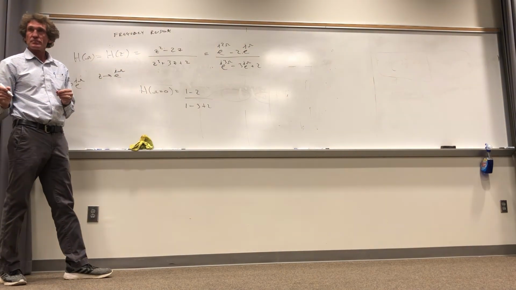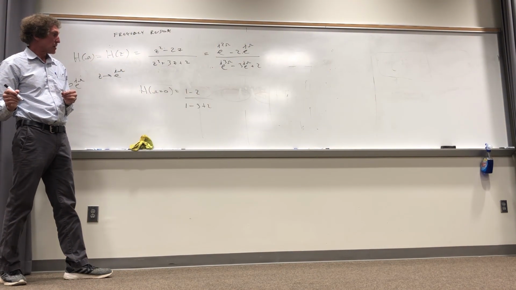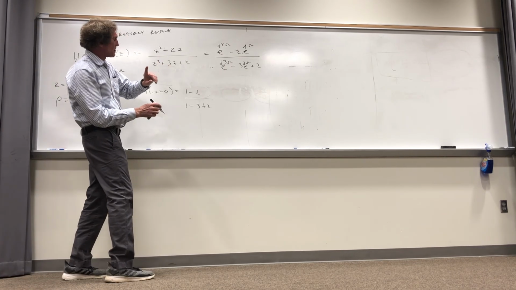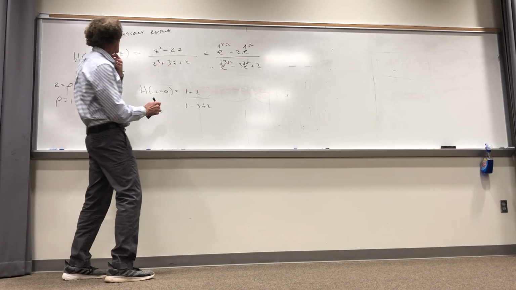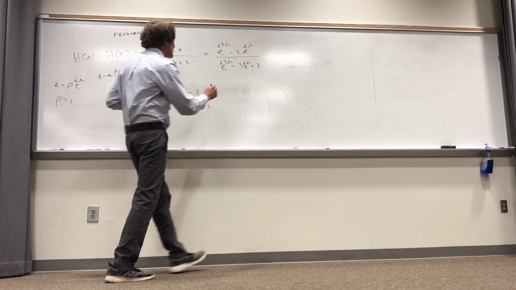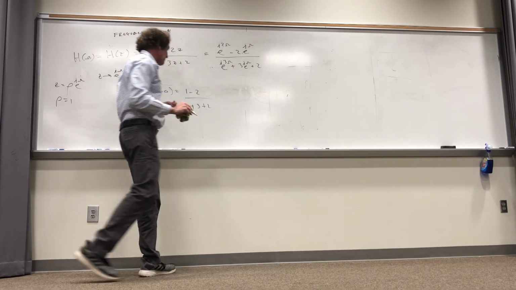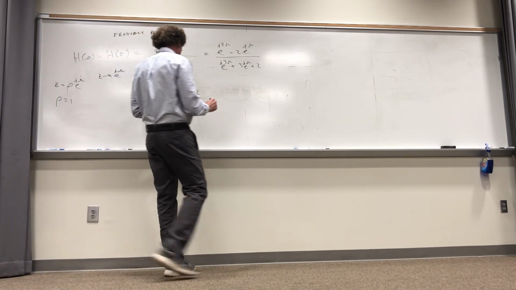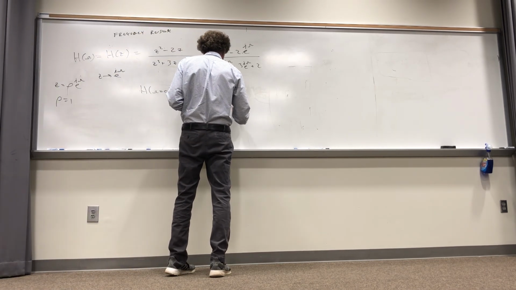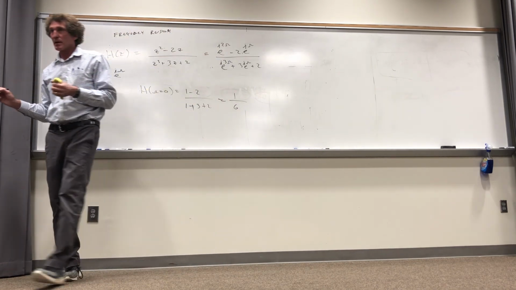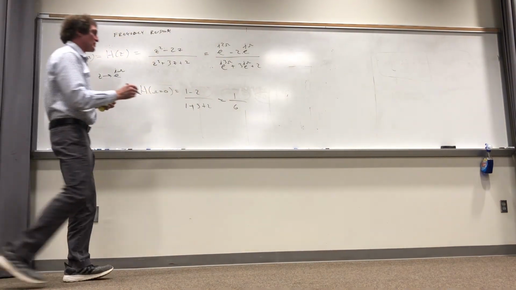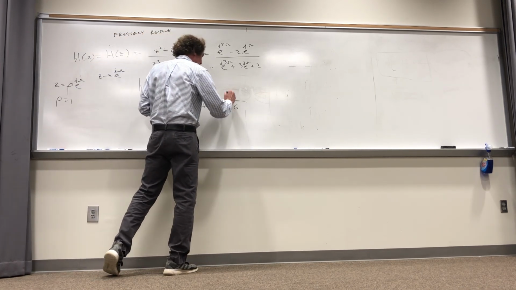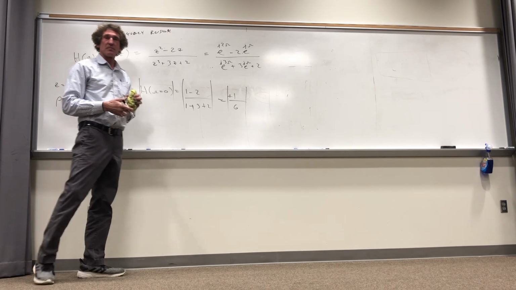Someone points out the first term is plus 3z, so it should be plus 3e. Yes, plus, thank you. What's that value going to be? That's minus 1/6. Actually, you want the magnitude of this, so it's going to be plus 1/6.